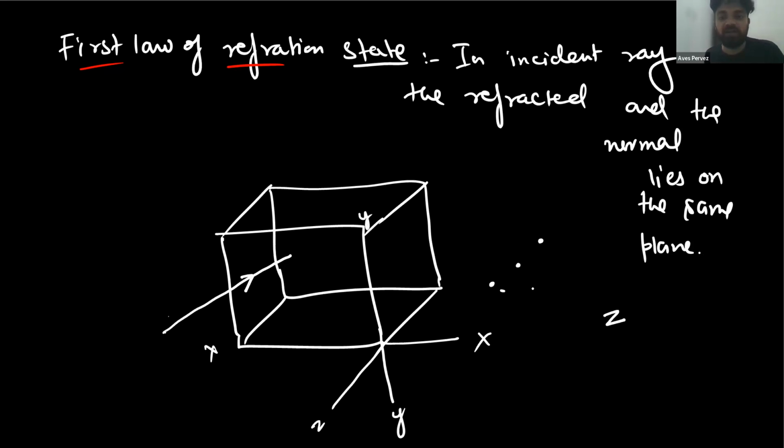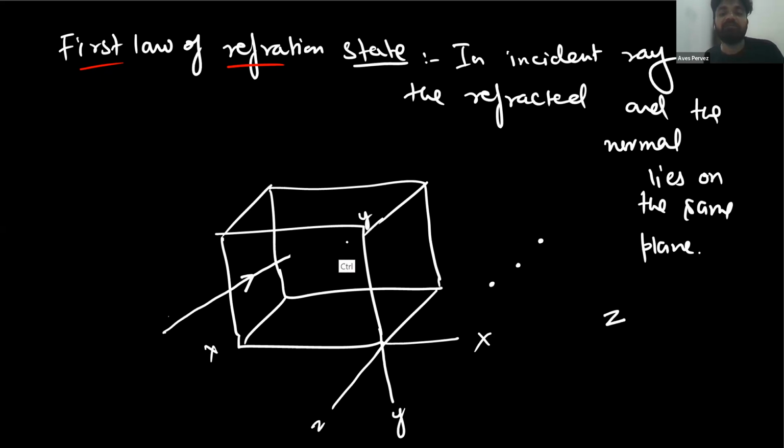This particle is here, then it comes to this side, then this side, then this side. So left and right is actually the x-axis, and it is moving in the z-axis. If it bends, then it will again go into the screen. It cannot move upside and downside. It cannot come into the y-axis.